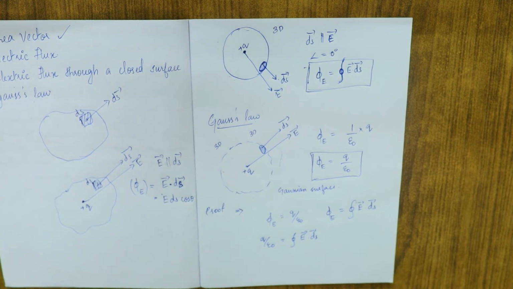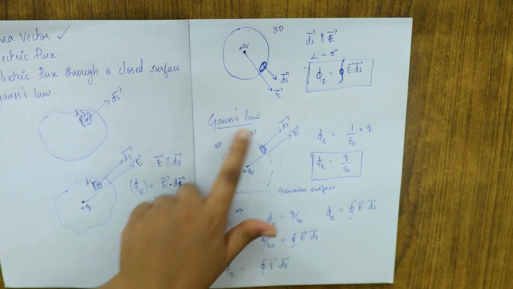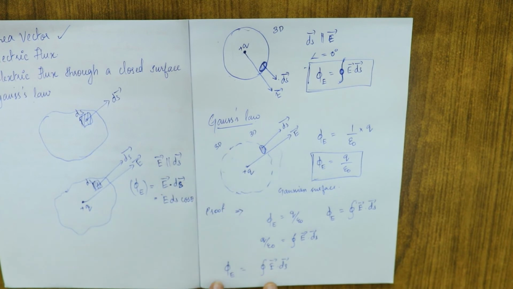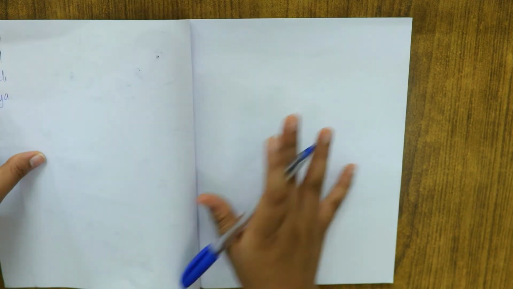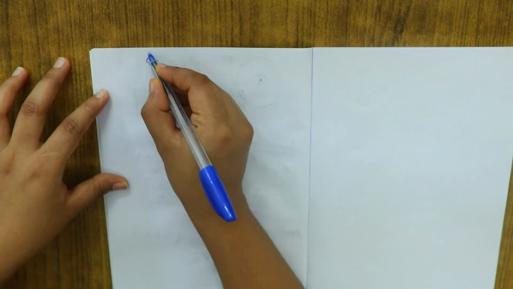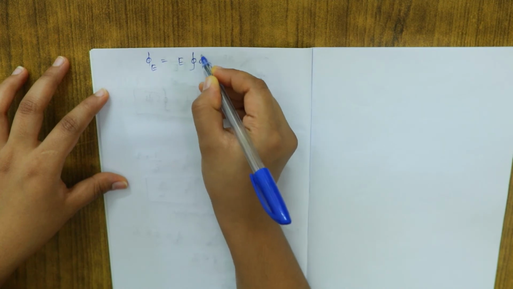For this proof, let phi E be equal to the closed integral of E dot ds, since it's a closed figure. Now, phi E is equal to E into the closed integral of ds.